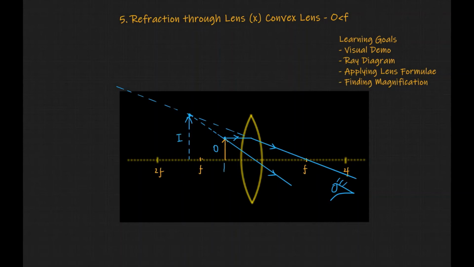Let's imagine that this object distance is about -5 centimeters, and the focal length is 10 centimeters.